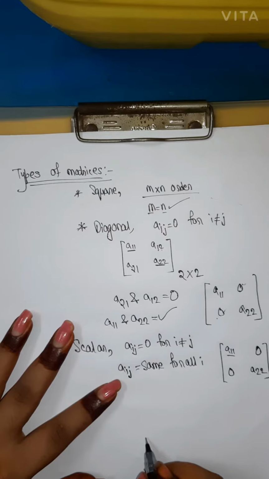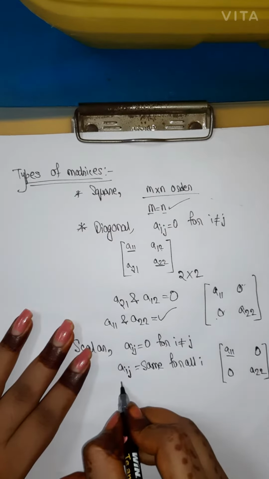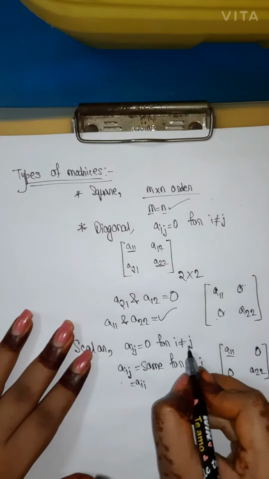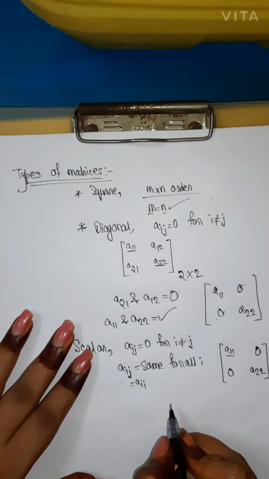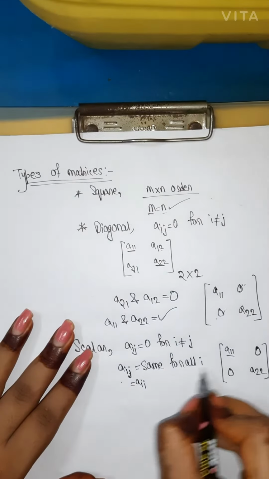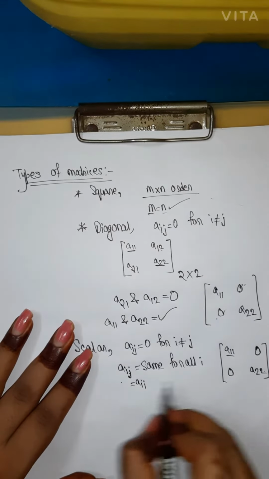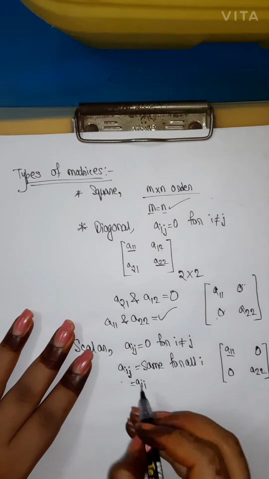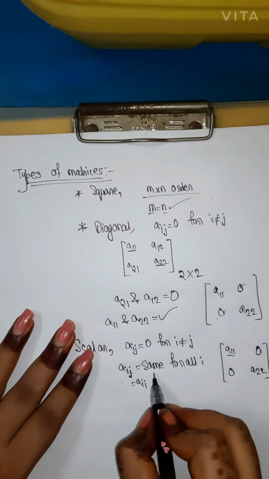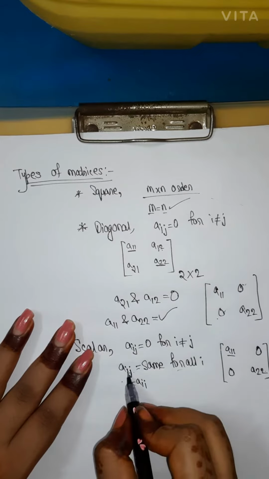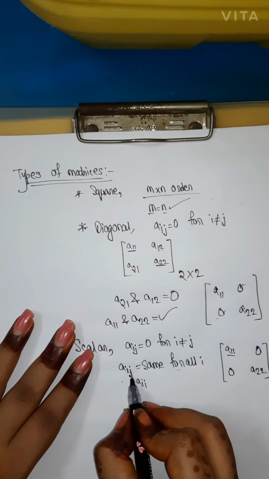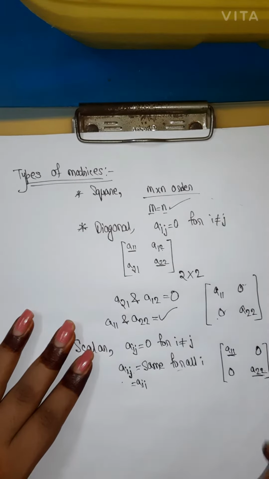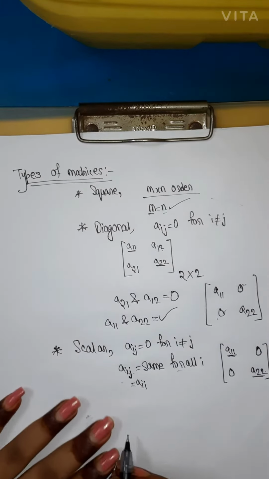This we can write as Aii. Why? Because for i not equal to j, Aij is equal to 0, so j will equal i, meaning 1 1 or 2 2. So we have Aij the same for all i, which is equal to Aii, as j will be equal to i for these diagonal elements.